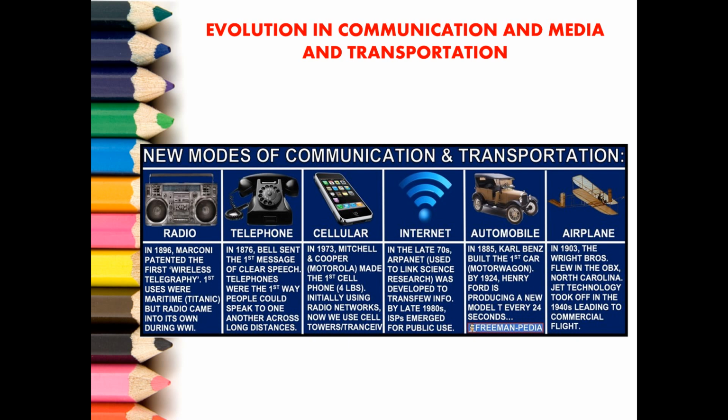So the improvement of communication was a major factor in the development of society. But radio and telephone were also in great demand, as well as the development of the cell phone and, in the future, the airplane. So these were the technological innovations that started at the beginning of the first half of the 20th century and took force in the second half of the 20th century.